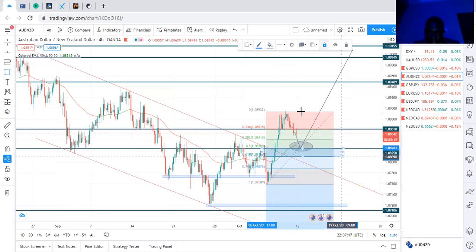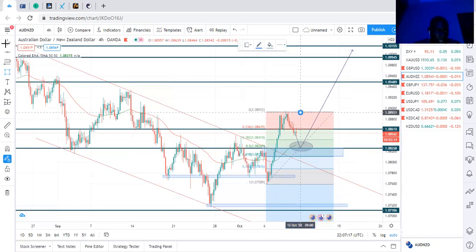So now I can delete the Fibonacci since I already used something else to mark up the zone right here. I just took this tool and marked up the golden zone right there.